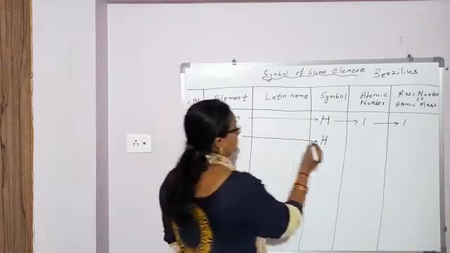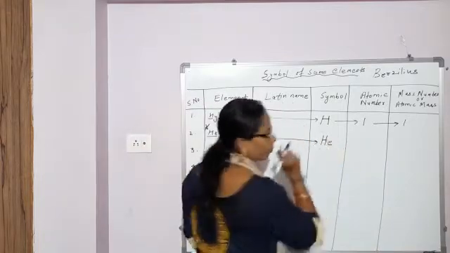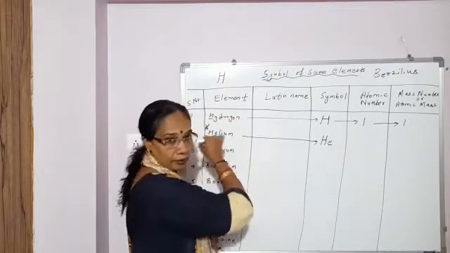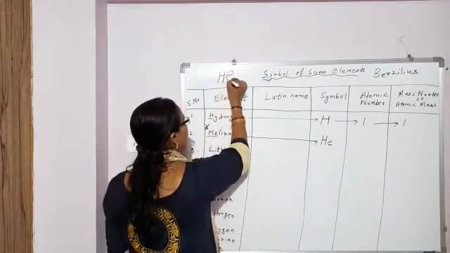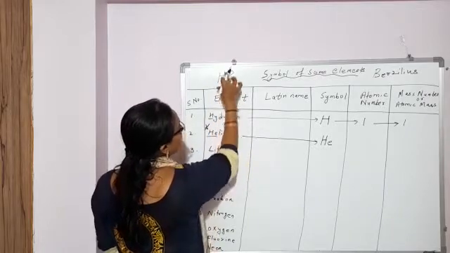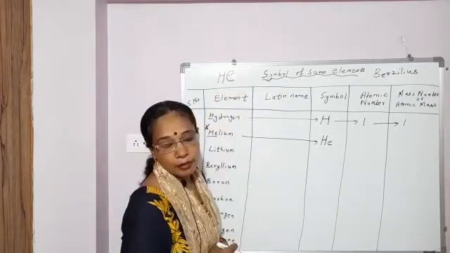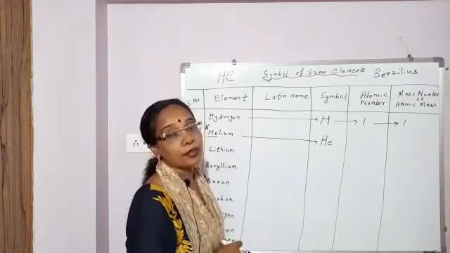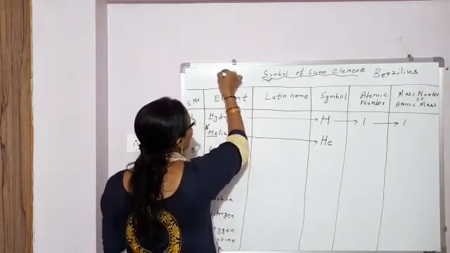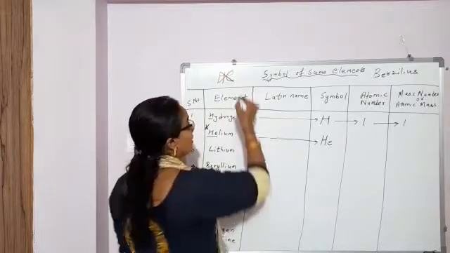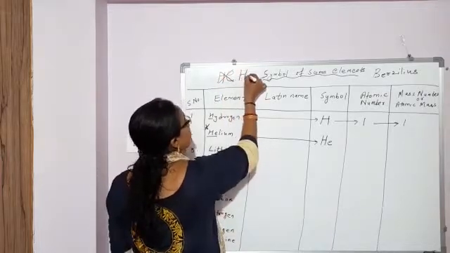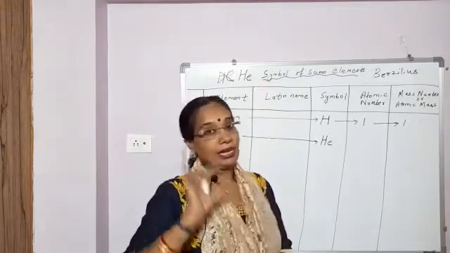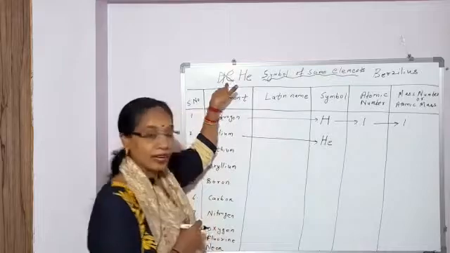So, He. And the size should also be small. Students, if I write capital H and small e, but the size is equal to hydrogen, this will be wrong. The first letter should be capital, the second letter small, and the size should also be small. Otherwise, if you write this way, it is wrong.